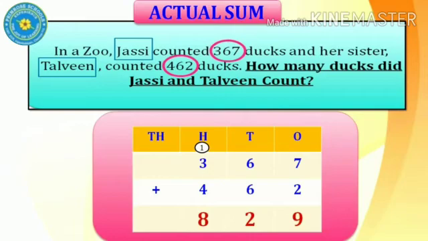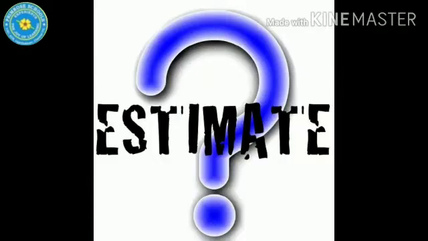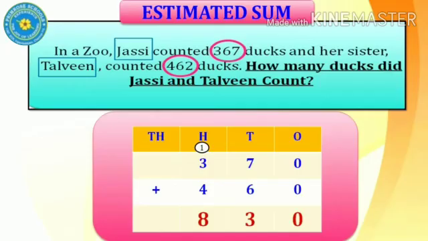Let us write the numbers one below the other. So 367 plus 462. Now when we add these numbers, we get 829. Correct, children?